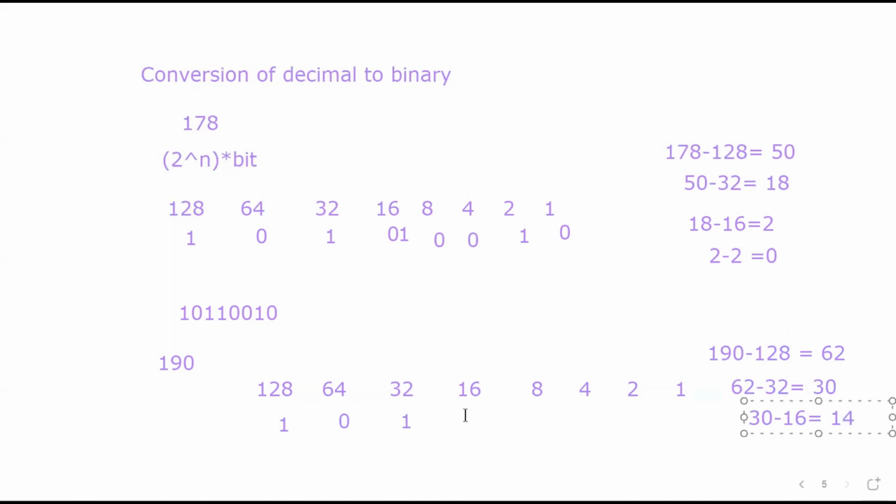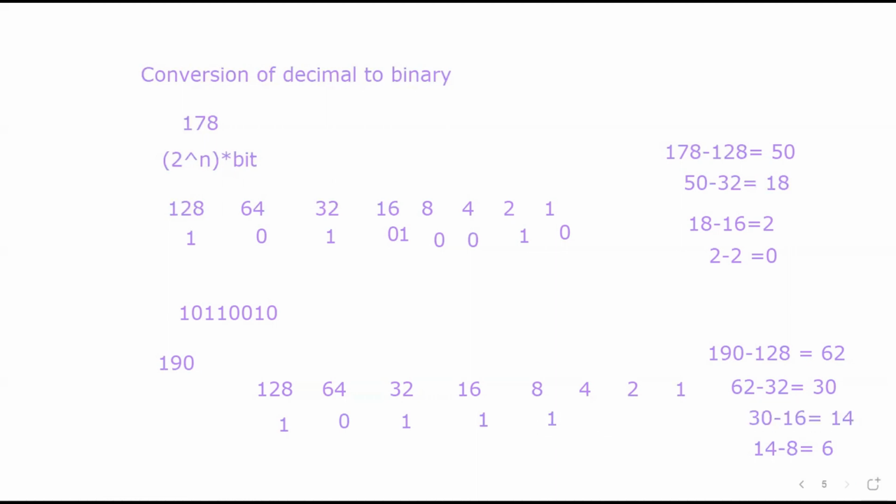So I put 1 on 16. Then 14 comes between 16 and 8. Subtract 8 from 14, which is 6. Okay. 6 comes between 8 and 4.